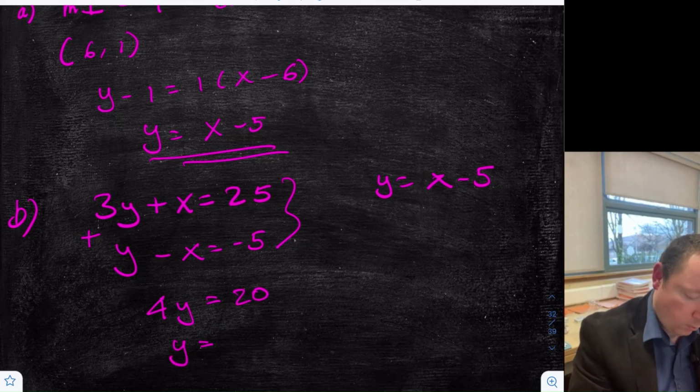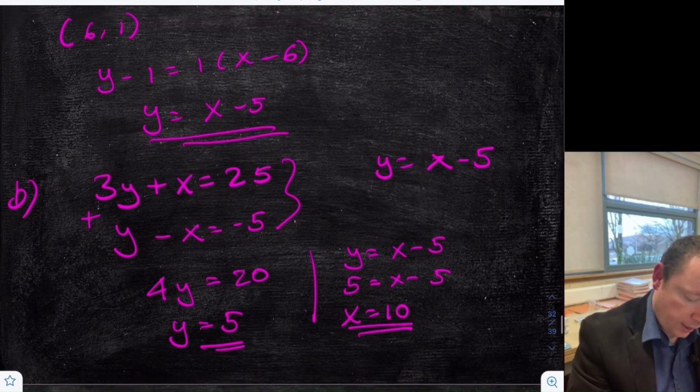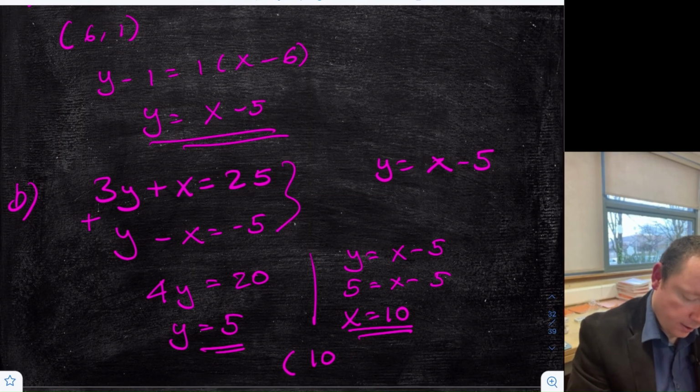So y equals 5. And since we know that y equals x minus 5, 5 equals x minus 5, so x equals 10. Our point is (10, 5), x and y.